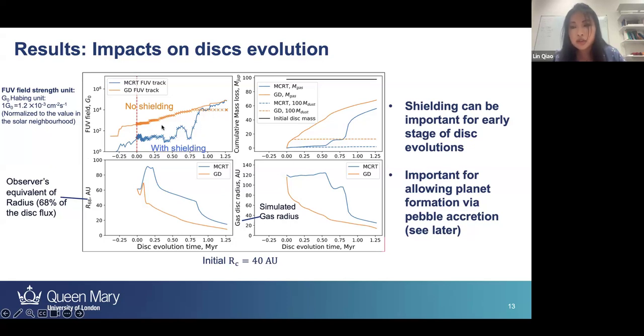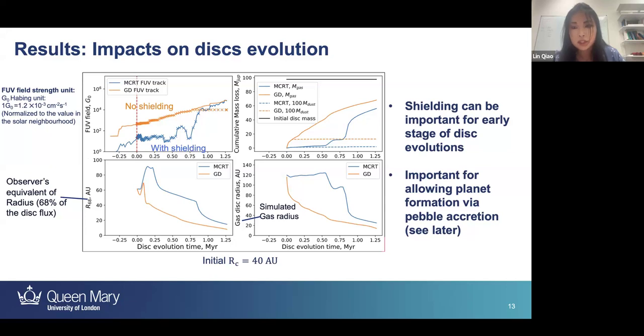The orange curve shows the FUV radiation upon the same disk location if we neglect the gas cloud's attenuation of the FUV field. And by the way, for the unit of the FUV field strength, we normally use the Habing unit G0. It is a unit normalized to the value of the average FUV radiation strength in the ISM of our solar neighborhood.